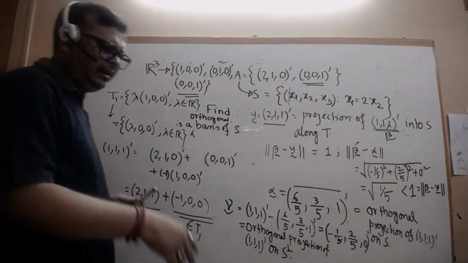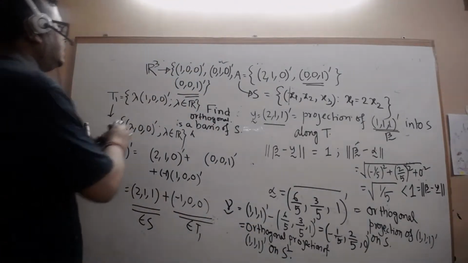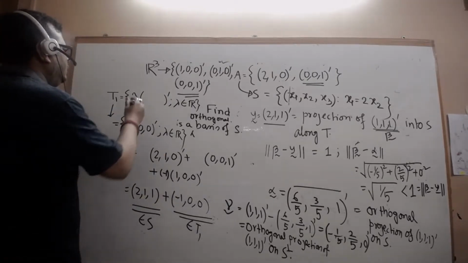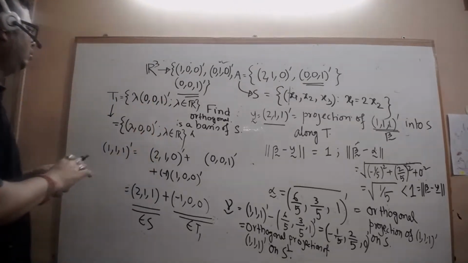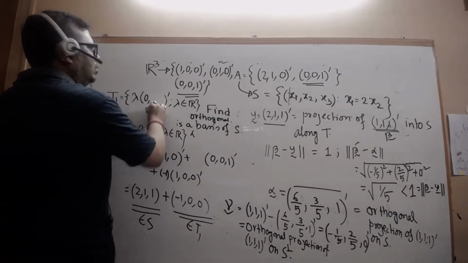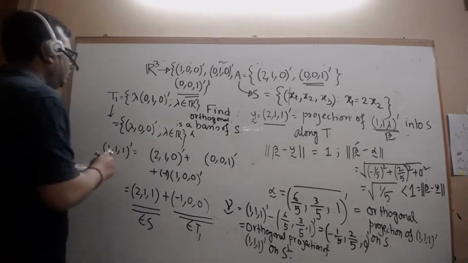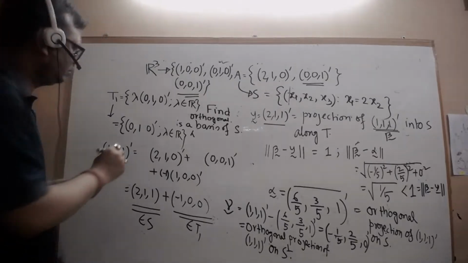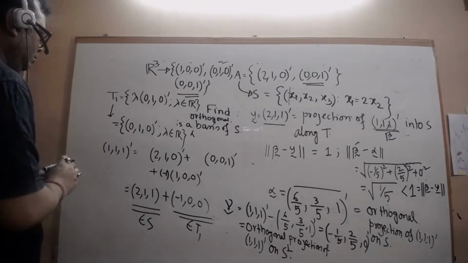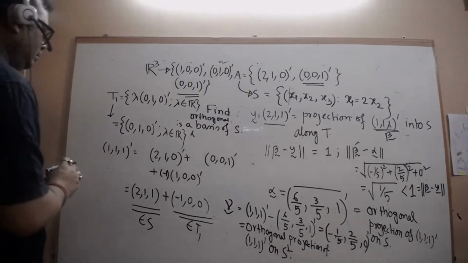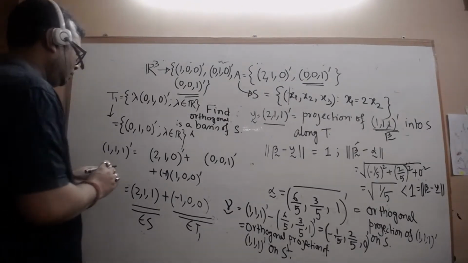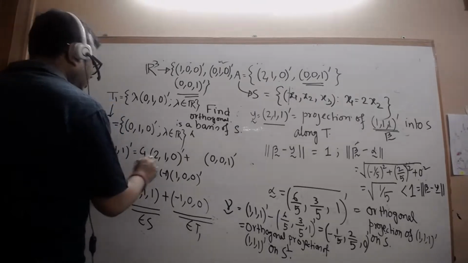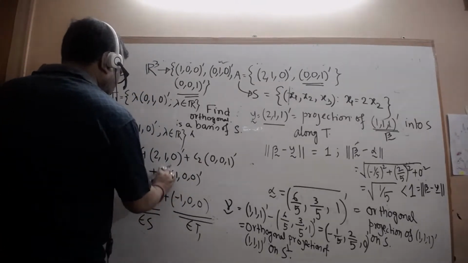So if you take another vector in this case, that is instead of (1, 0, 0), if you take (0, 1, 0), you write this as C1, C2, C3.